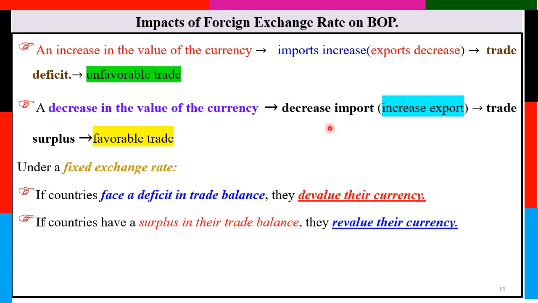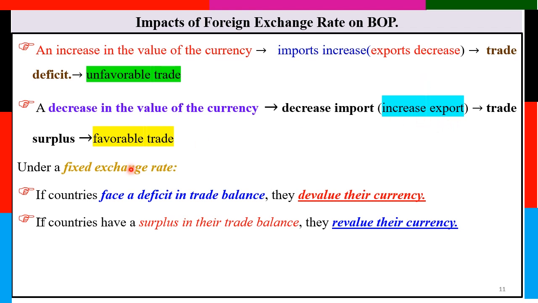Then foreigners come with minimum dollars, convert this small amount of dollars into a large amount of Ethiopian birr, and purchase a large amount of products from Ethiopia. In fact, exports go up.